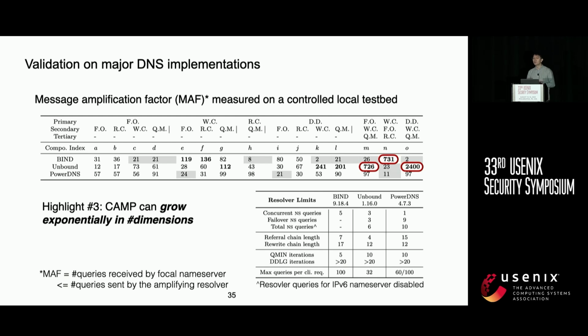So with 3-dimensional compositions, the factor can already go over 1,000, right? And in addition to this setup, we have also measured the 60 popular open resolvers and obtained even more concerning results. And we have also done a text simulation experiment. So please check our paper for more details.